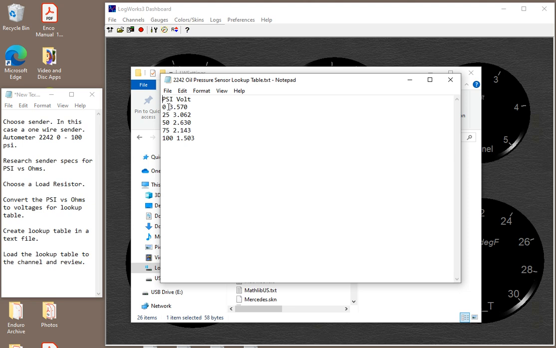Each column is separated by a space, and it has to be a text file. So our PSI is 0, 25, 50, 75, and 100. The voltages we calculated were 3.57, 3.062, 2.630, and so on. So this is the text file we're going to use to load the table.